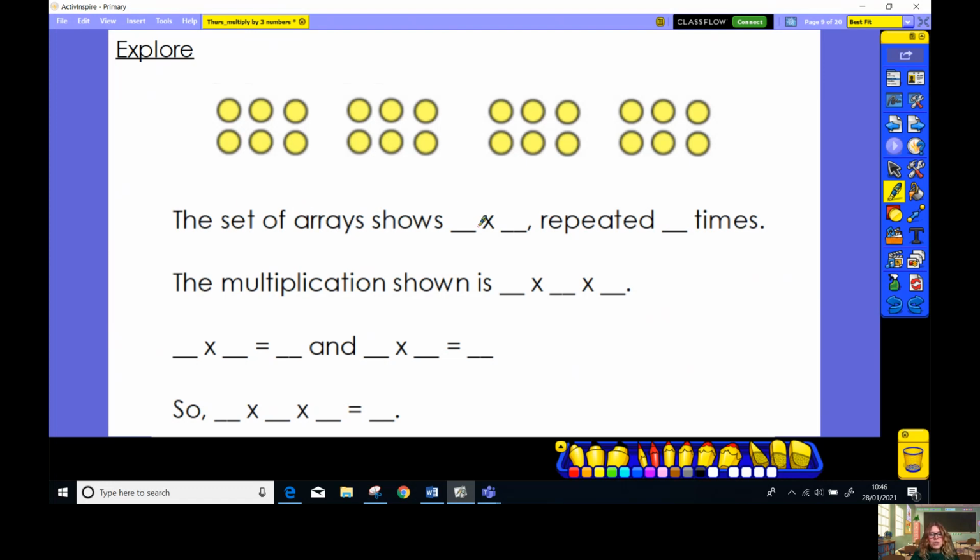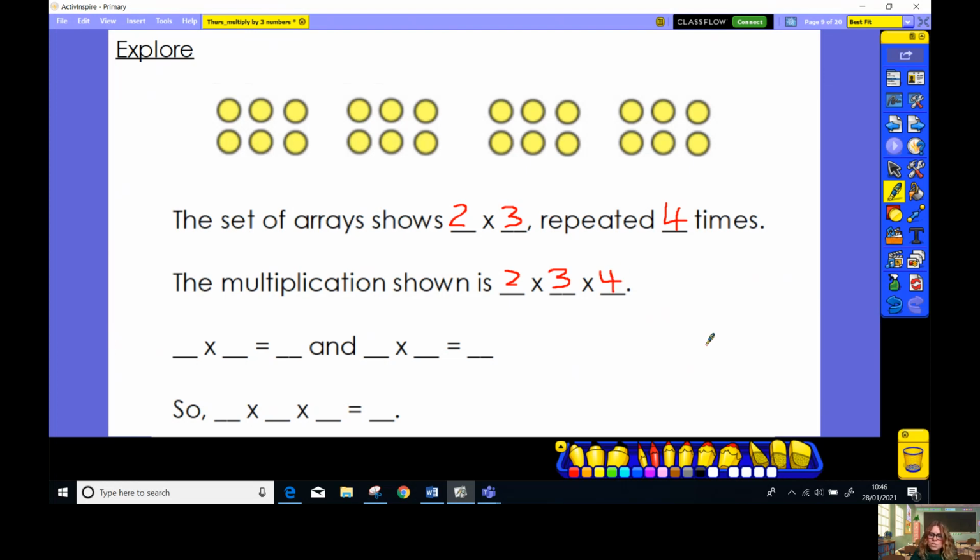The set of arrays shows this, which would be 2 times 3, and it is repeated 1, 2, 3, 4 times. So the multiplication that we have here is 2 multiplied by 3 multiplied by 4.